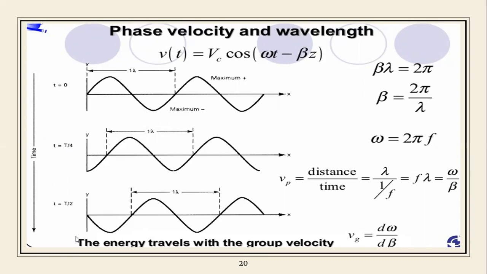It depends on that; see here the change in the waveform. If the wavelength is changing, the time period is also changing. Small t is the instantaneous time, and capital T is the total time period.